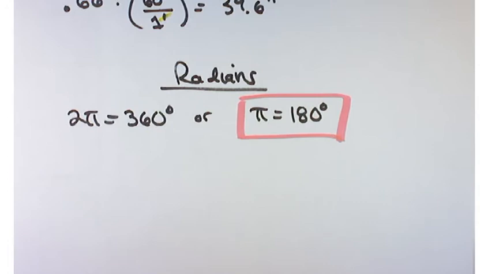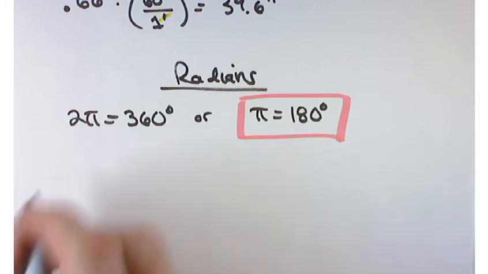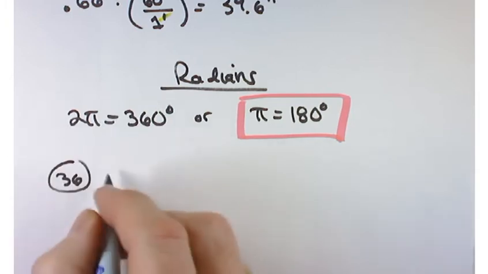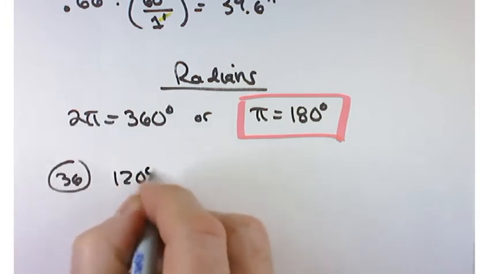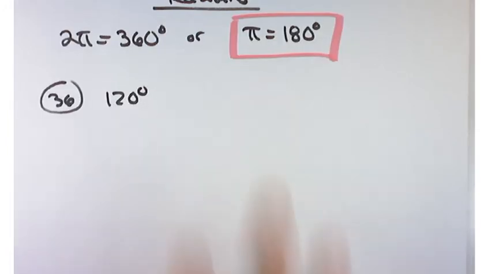So let's start out with problem number 36. We've got an angle of 120 degrees.